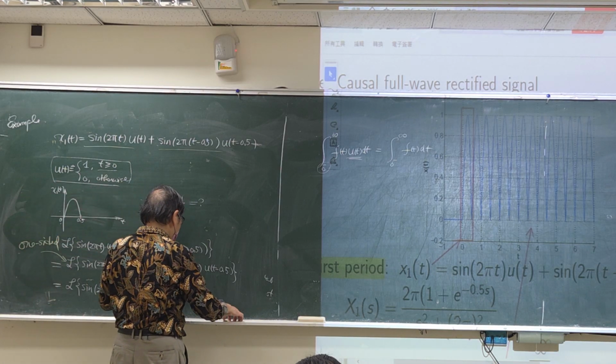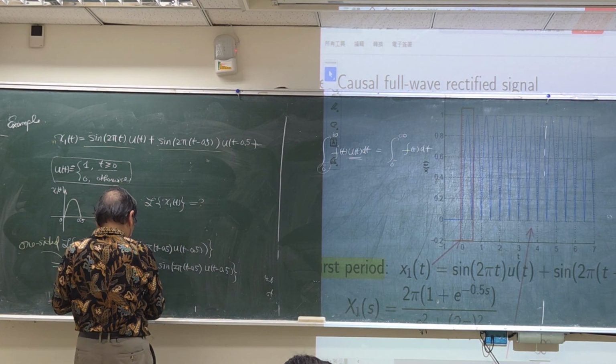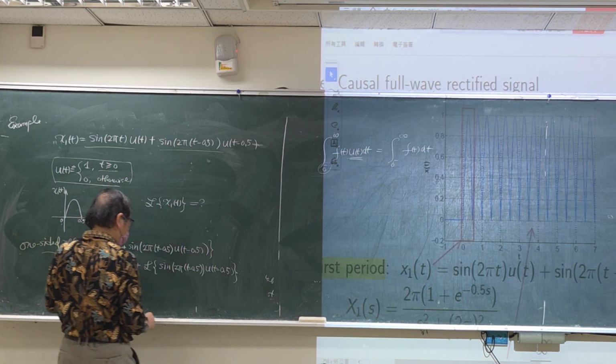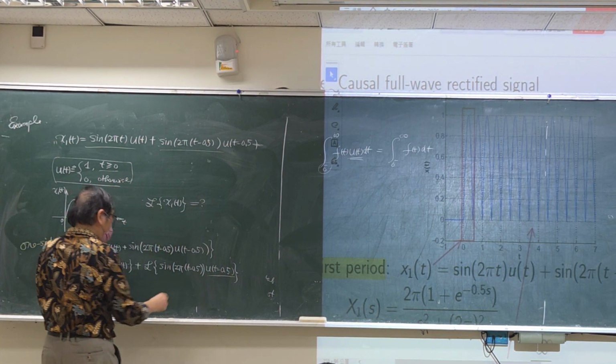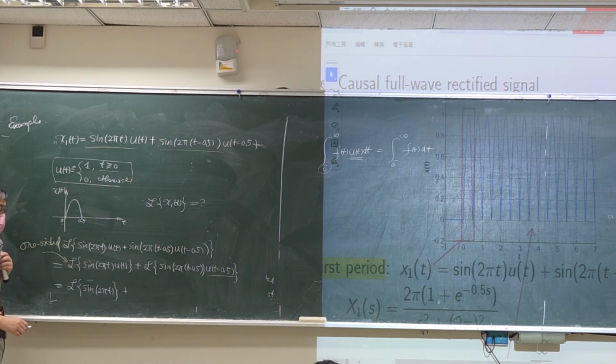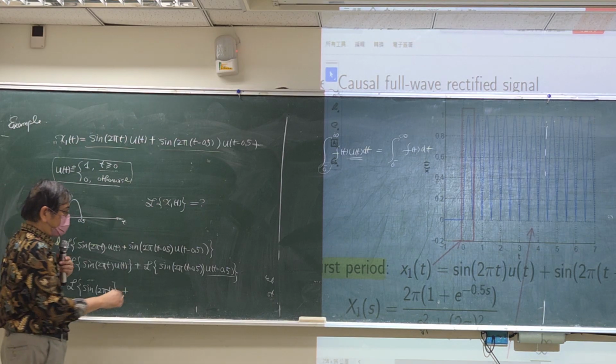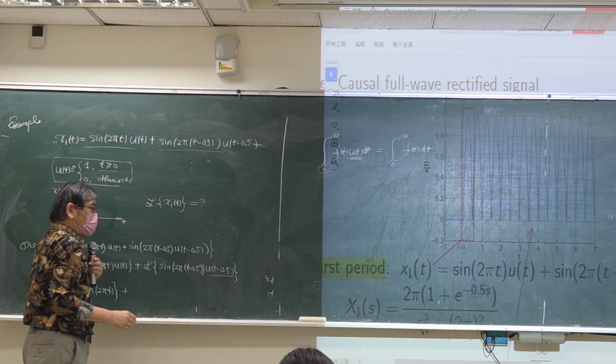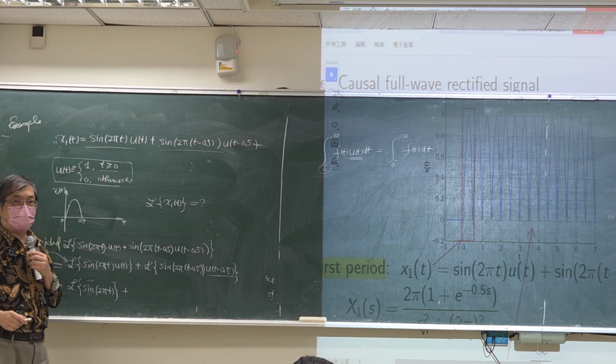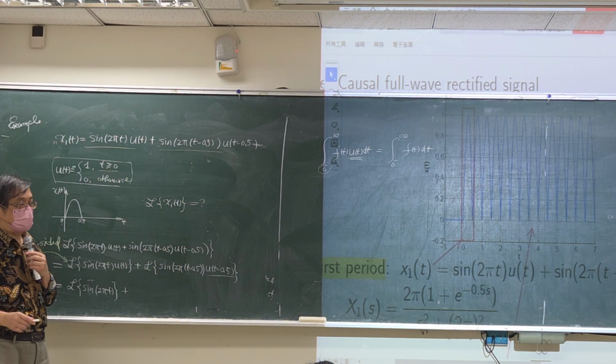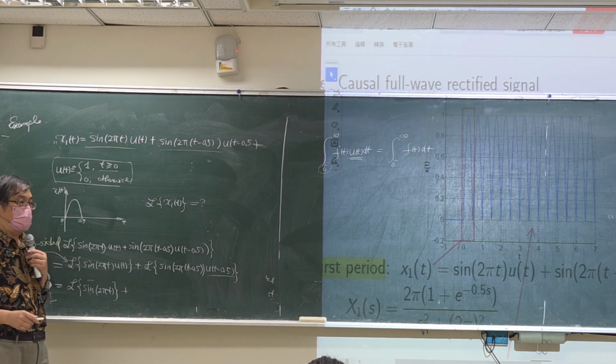The second term is sine of 2 pi t minus 0.5, multiplied by the unit step function with the 0.5 second delay. So how do I take care of the delay when taking the Laplace transform?